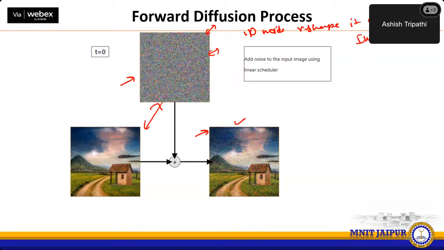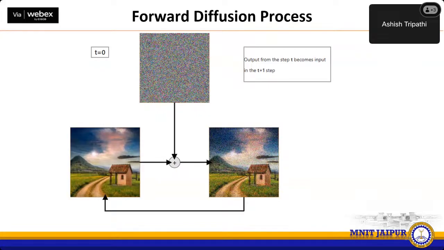Got it? After reshaping it, I add it to get this image. This is timestamp t equal to 0, and this is the output image after t equal to t plus 1.